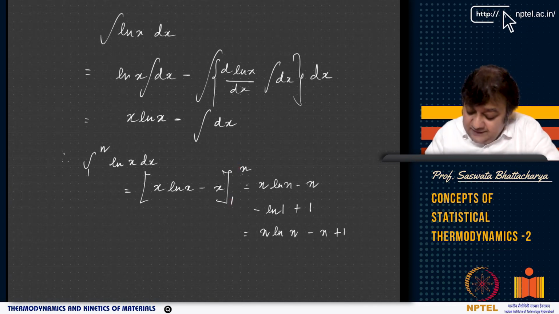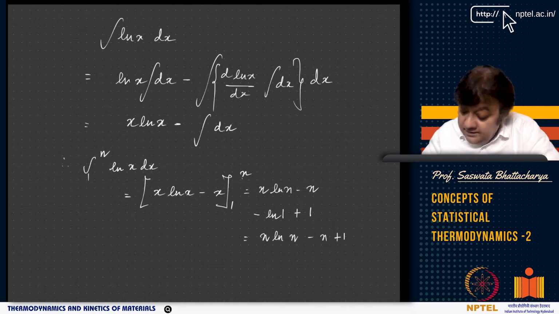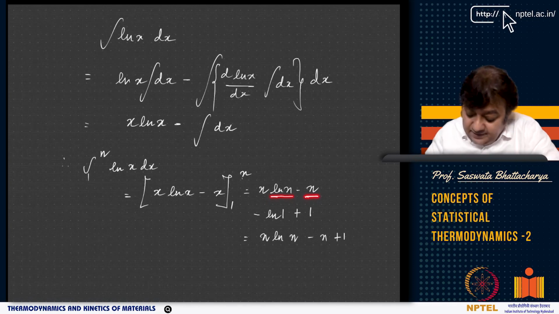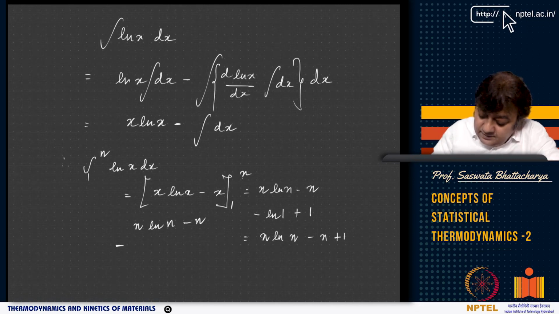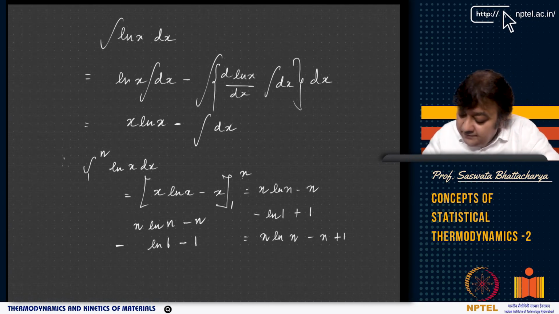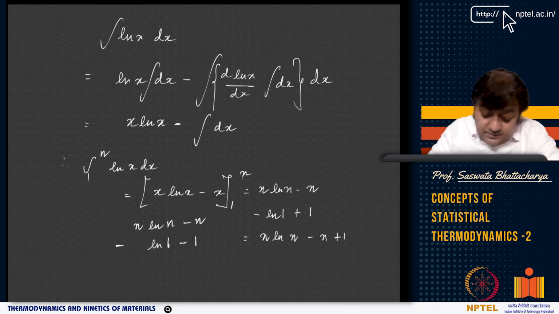So this becomes x ln x minus x, or basically this becomes n ln n minus n, right, because x ln x minus x is there. So this becomes n ln n minus n minus ln 1, which is 0, minus 1. This is minus, and so this becomes plus, right?